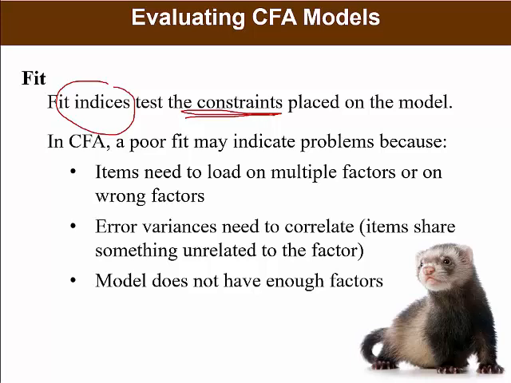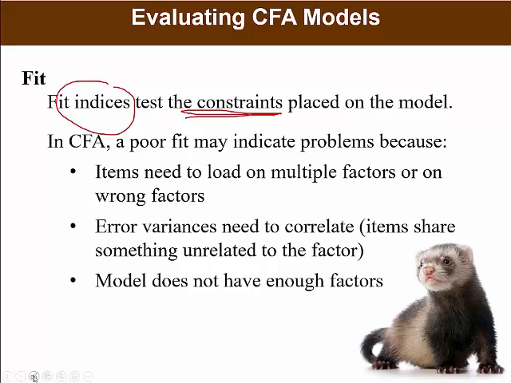How much damage do I do to my model when I add this constraint? Is everything really still okay? And it really doesn't make that much difference. So I'm wanting to have a model that I can put constraints on and still have a good fit in spite of the constraints that I place in that model. So the fit is giving me information about my constraints. It's giving me information about the reasonableness of the constraints.